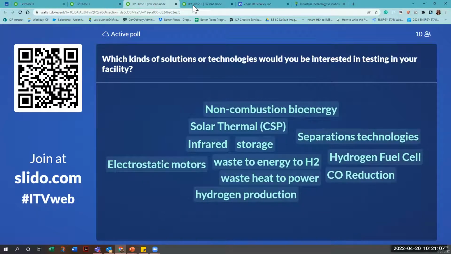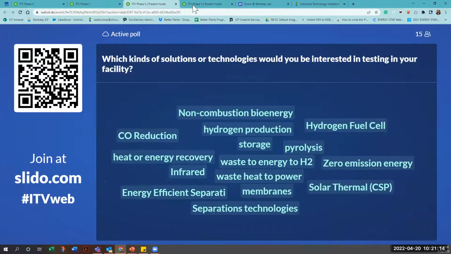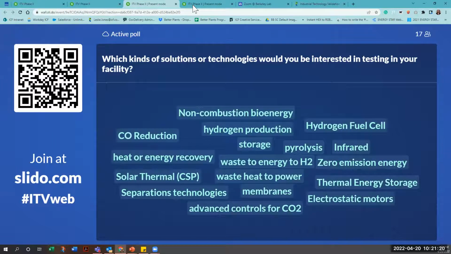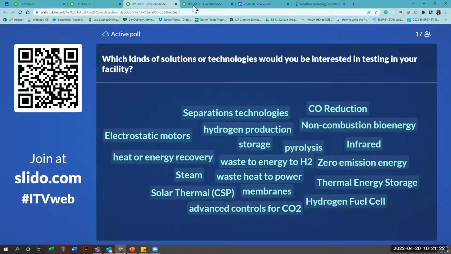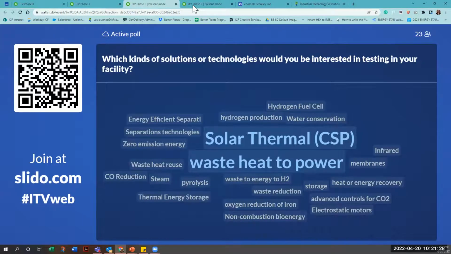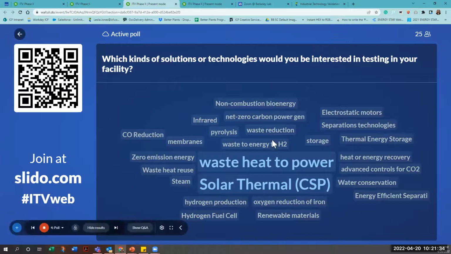Okay, it looks like we're getting a good variety of things in here. CO2 reduction, solar thermal, and this keeps changing. Okay, really interesting. Another cool thing about the word cloud is that the more people write in the same answer, the bigger those words or suggestions will get.